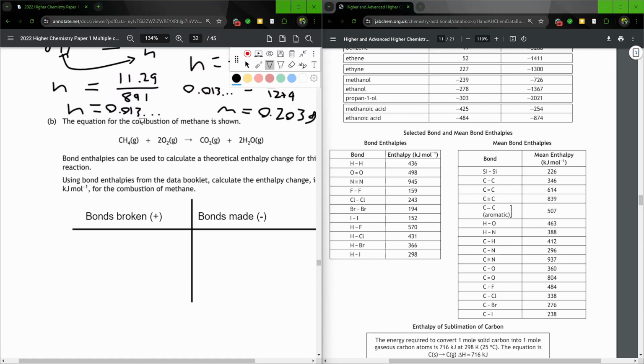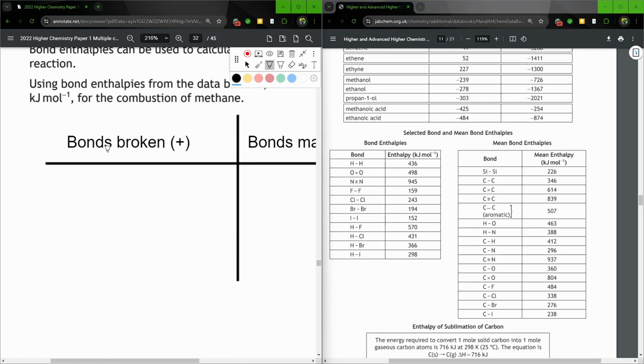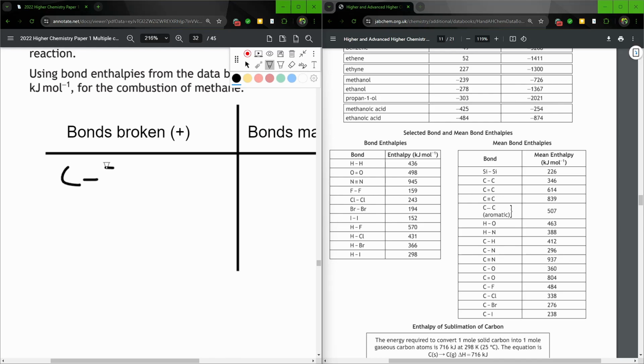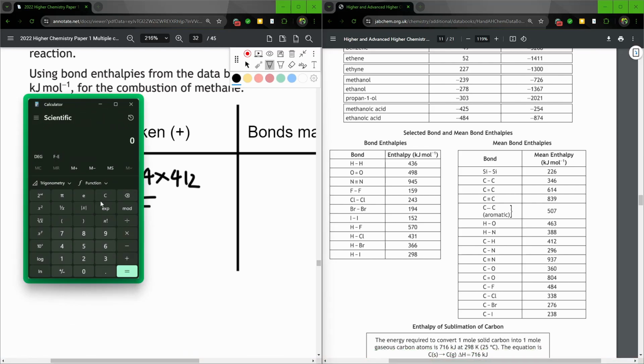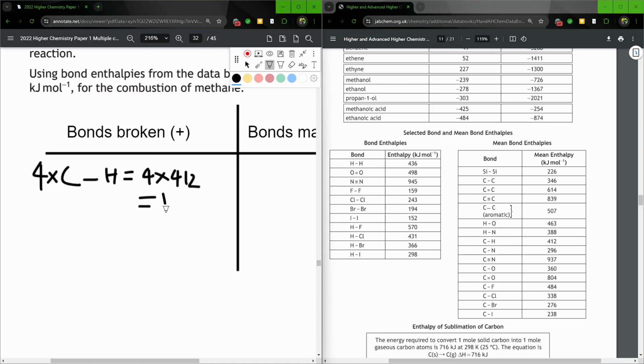So what bonds are broken? Well, we've got 4 C-H bonds. So that means we go over here and we're going to say, okay, that's 4 times 412, which we'll just do now to save us the time later, is 1,648.